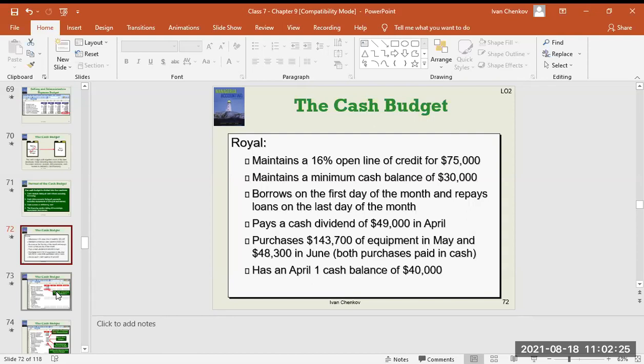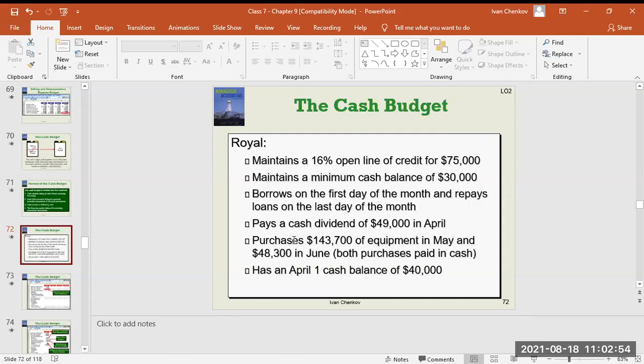They need a minimum cash balance of $30,000. So at the end of the month, they have to have a minimum of $30,000. When they borrow money, that happens on the first day of the month. But when they pay the loan, that happens on the last day of the month. Why is that? So we can easily calculate the 16% interest.